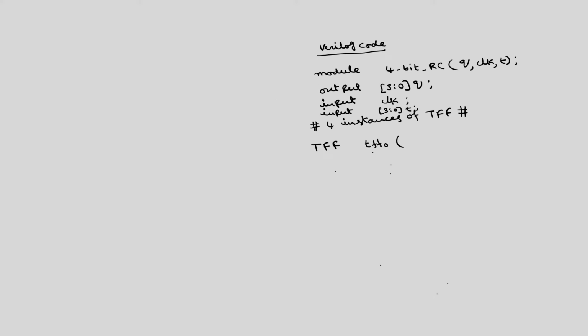For T flip flop 0, output is Q0, input is T0, clock is the external clock.